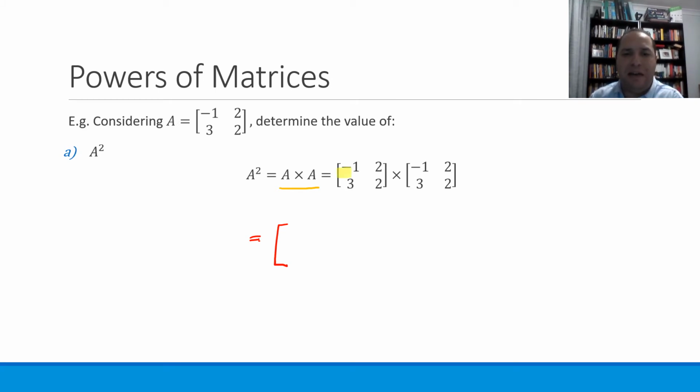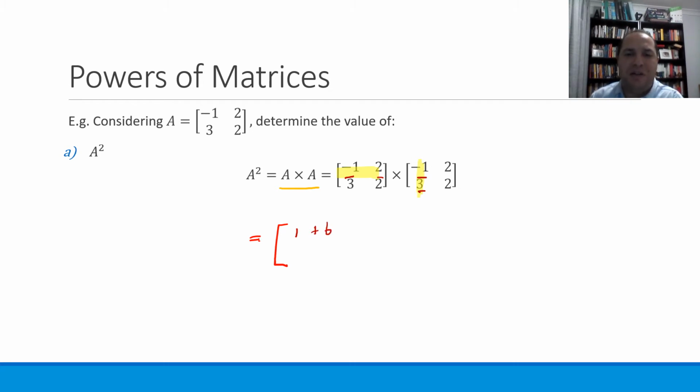We first of all take our first row and multiply it by our first column. But rather than work it out to the side, we're just going to put it straight into our matrix from the start. First element times first element: -1 times -1 gives me +1. Then 2 times +3 gives me 6.